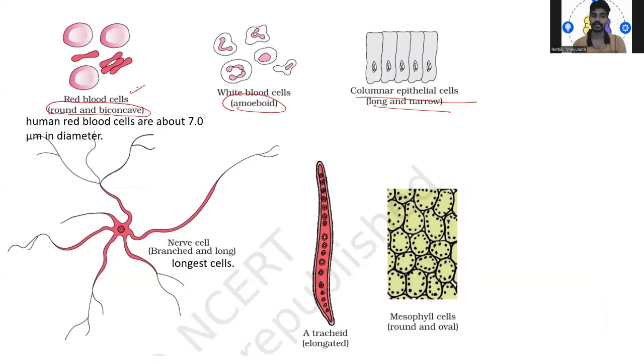Human red blood cells are about 7.0 micrometer in diameter. We also have nerve cells, which are branched and long, the longest cells. In humans we also have tracheal cells, which are elongated and cylindrical. Mesophyll cells are present, which are round and oval in structure.